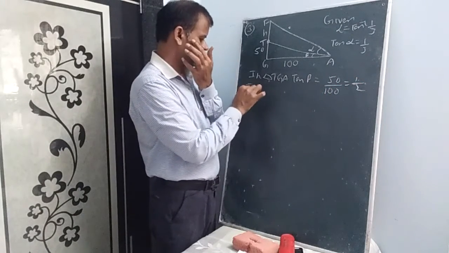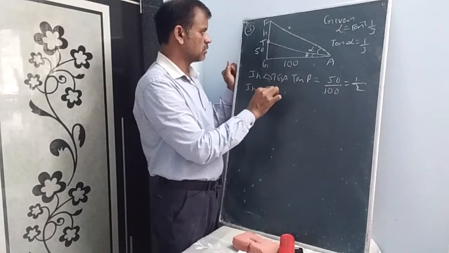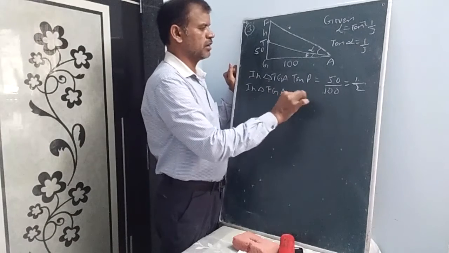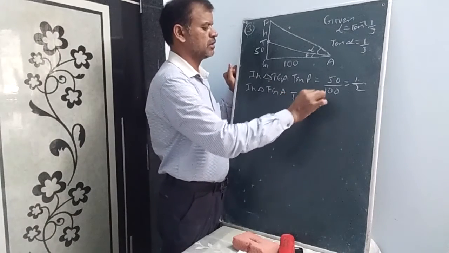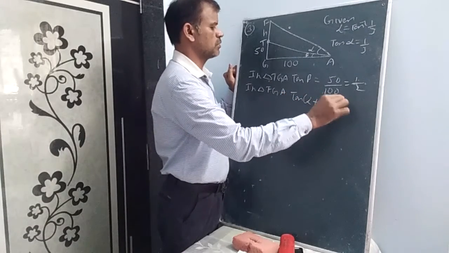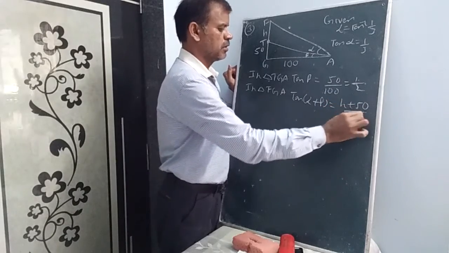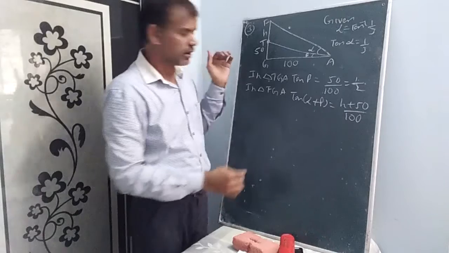Now in triangle FGA, the full angle is alpha plus beta, and tan of alpha plus beta is equal to h plus 50 by 100.